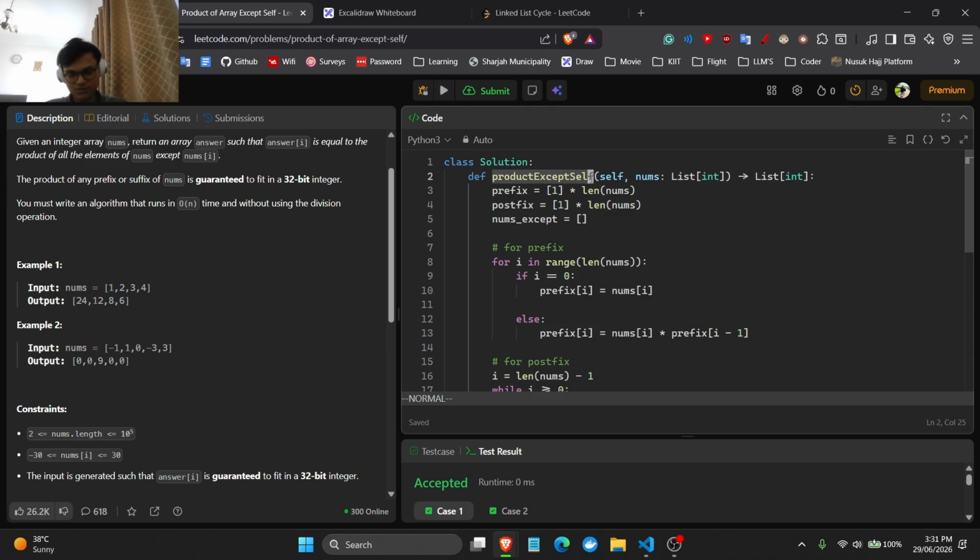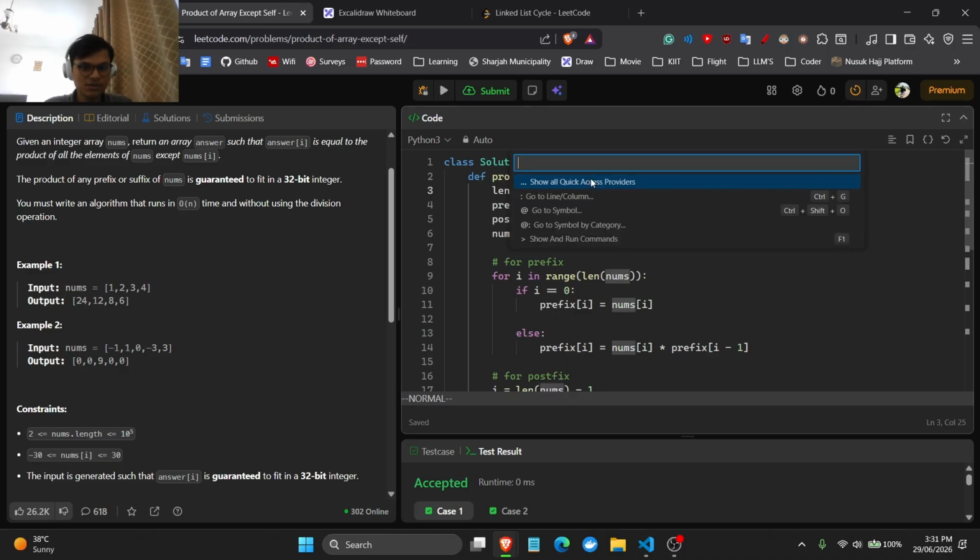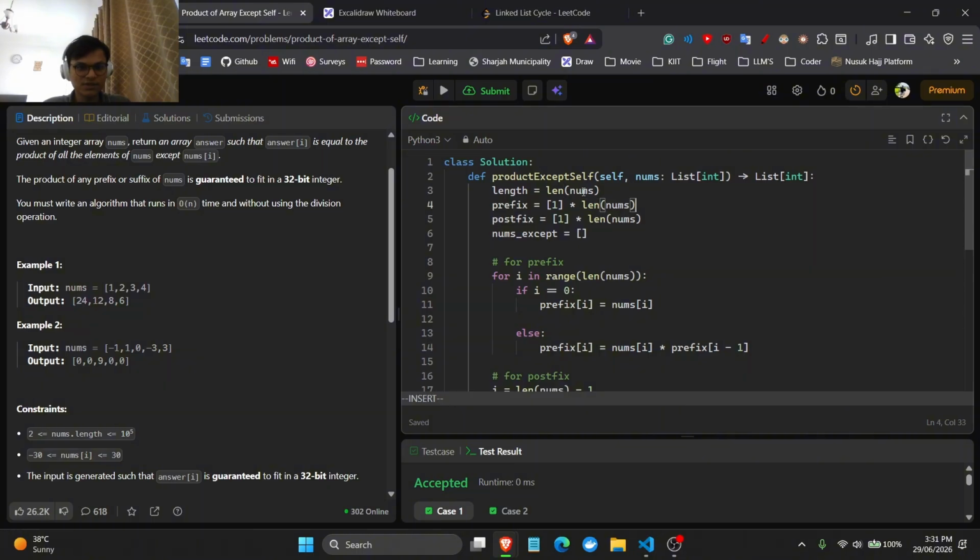One thing I will do is, for the sake of this, just compute this one length once, because this has been used so many times that I feel bad.